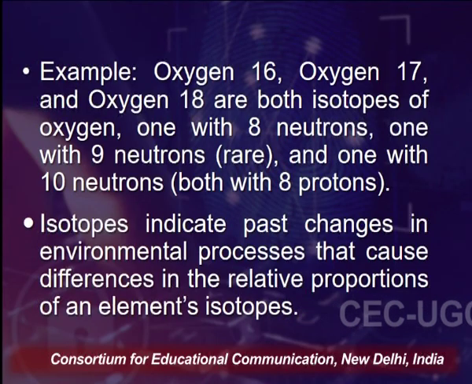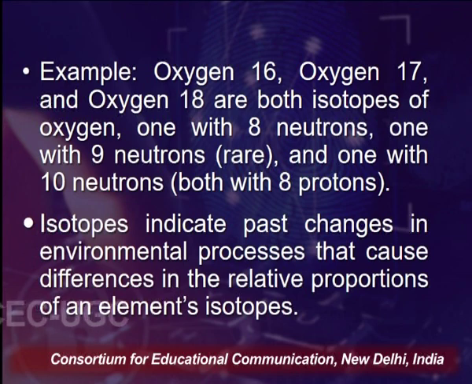Oxygen 16, oxygen 17 and oxygen 18 are isotopes of oxygen, with 8, 9 and 10 neutrons, but all having 8 protons. These isotopes indicate past changes in environmental processes that cause differences in the relative proportions of an element's isotopes present in a particular sample.